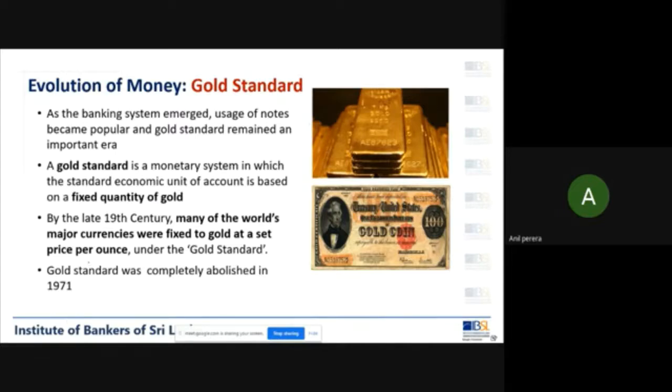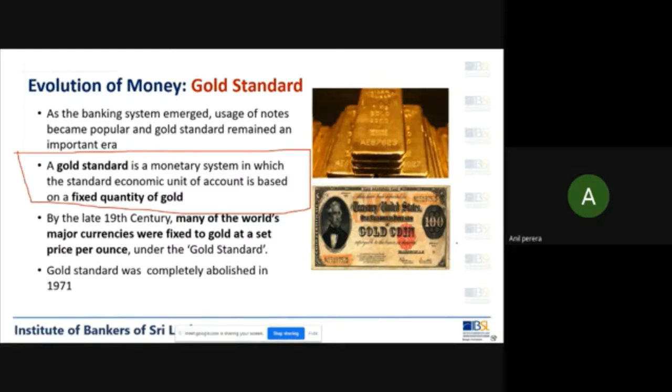So under the gold standard, it's a kind of monetary system. The standard monetary unit of a country is fixed to a fixed quantity of gold. Each and every country fixes their money to a certain amount of gold. For example, US dollar is fixed to a certain amount of gold. Rupee is fixed to a certain amount of gold. Yen is fixed to a certain amount of gold.